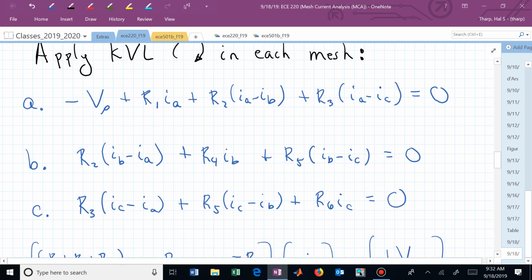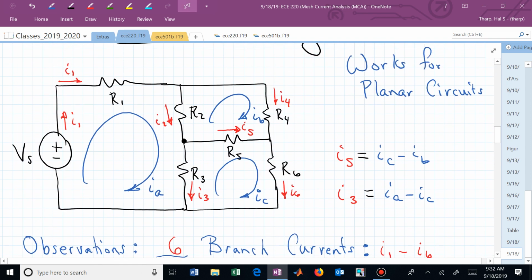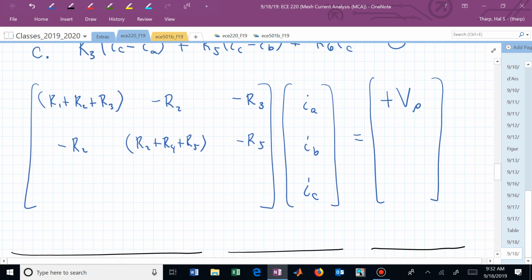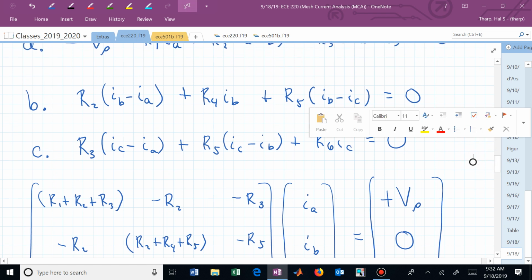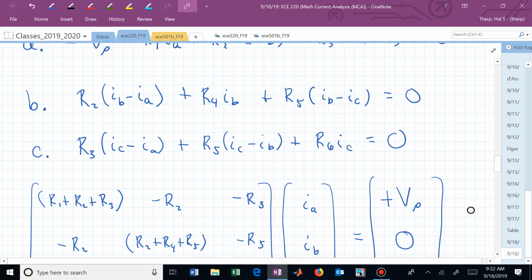Were there any sources that helped or hindered I sub B in mesh B? No direct source in that mesh. The right-hand side is 0. And you can get exactly that same equation if you simply collected consistent coefficients associated with I sub B, I sub A, and I sub C in that second equation.